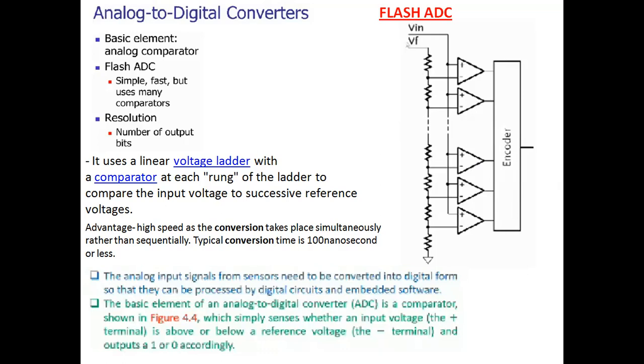The main advantage of flash ADCs is that they can convert an input voltage to digital form very quickly. As the name flash indicates, these ADCs are very fast. High speed flash ADCs can perform tens or hundreds of millions of samples per second. They are suitable for converting high bandwidth signals, and for this reason they are very widely used.